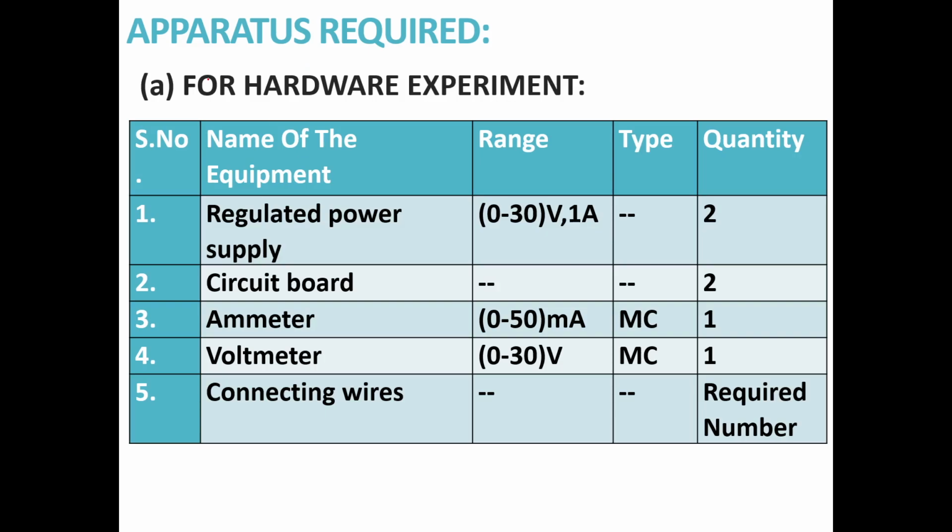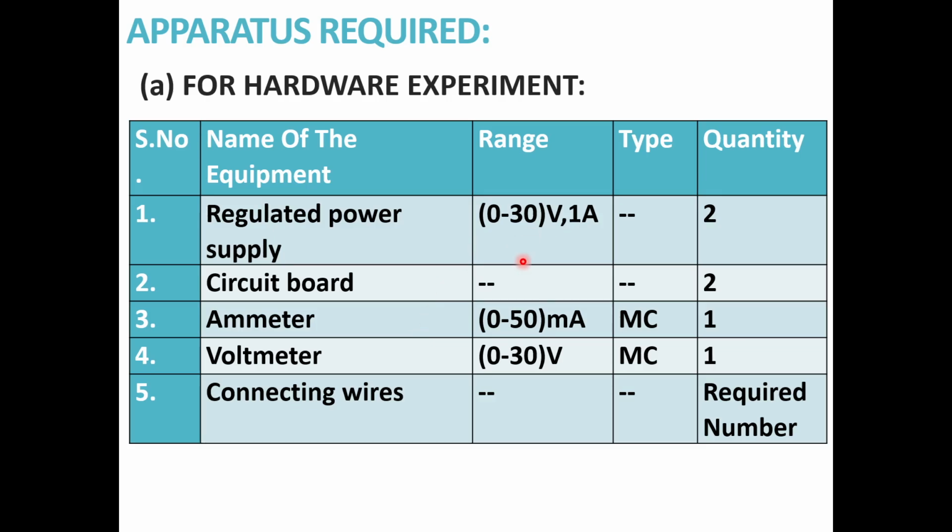Now on the right side page, next after aim you must write the apparatus required. The apparatus required for the hardware experiment to verify Tellegen's theorem are a regulated power supply, circuit board, ammeter, voltmeter and connecting wires.